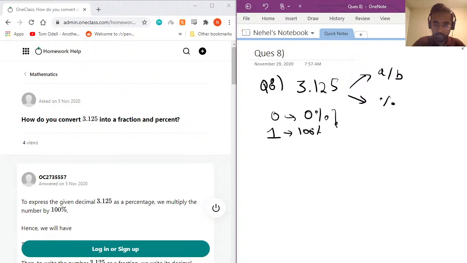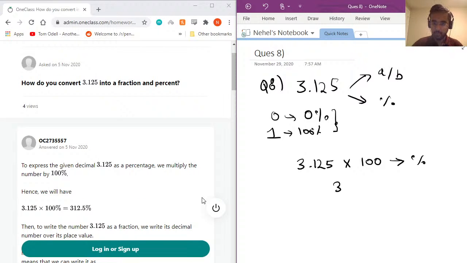So any number between would fall between 0 and 100%, and any number above that would be greater than 100%. So 3.125 times 100 makes it into a percent. So we would get 312.5%.